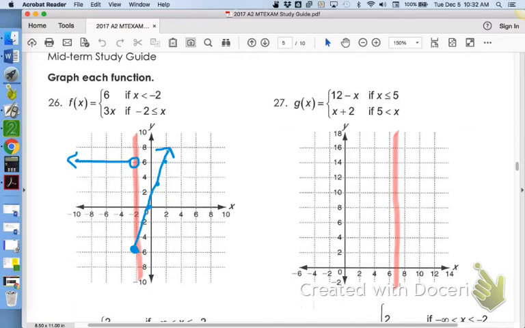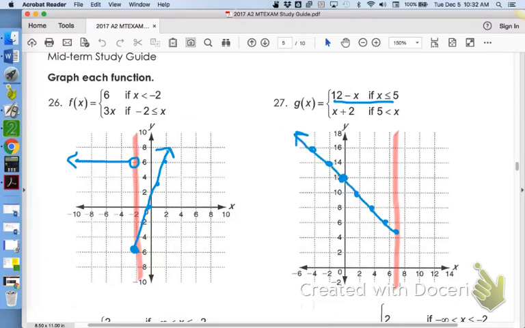This graph on the left is going to be 12 minus x. So it's going to start at 12 right here. The slope is going to be -1. Rise 1, go back 1. Okay, I got to go until I hit this line. And we do take ownership of that because of the inequality symbol.